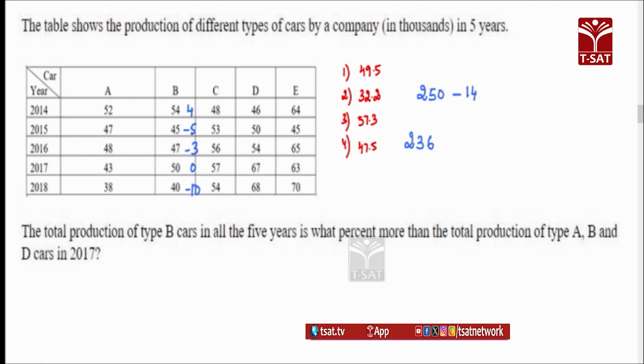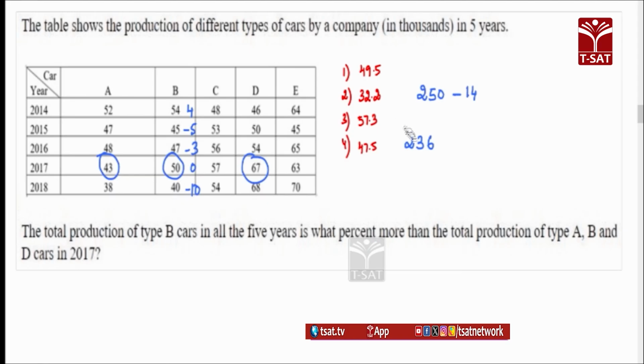Is what percent more, which is nothing but percentage increase we have to find out. Then the total production of type A, B, D in 2017. In 2017, A is 43, B is 50, D is 67. Now you can say 67 plus 43, 110, then this 50 is 160.